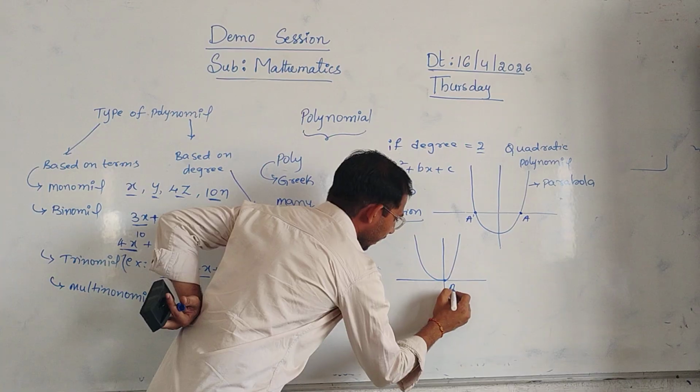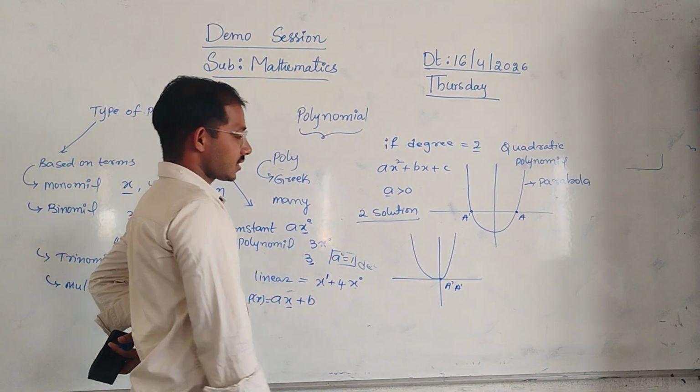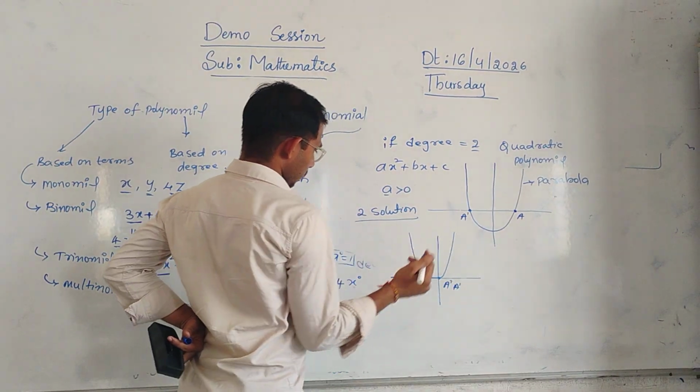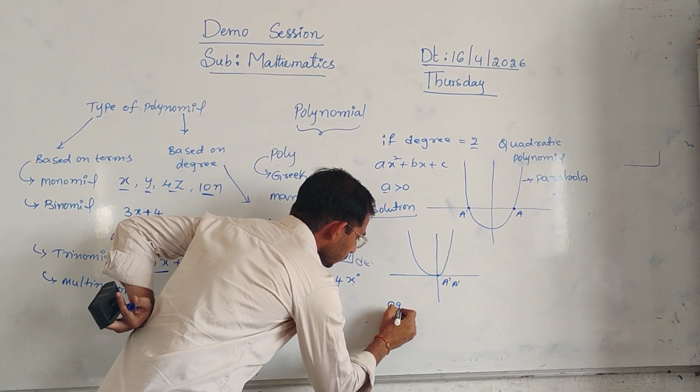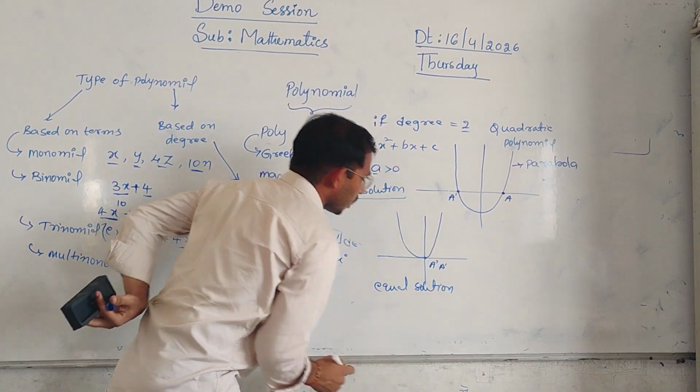Here A and A dash are both equal, so we get two equal solutions.